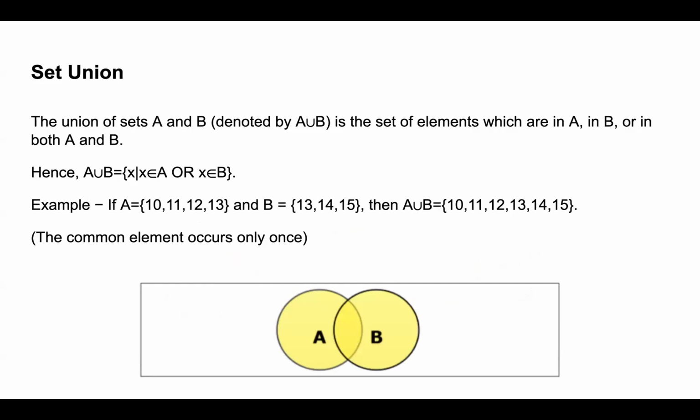All the elements of A and all the elements of B. But what about the common element? The common element occurs only once. We cannot take it twice. So A union B will be 10, 11, 12, 13, 14 and 15. Okay, it is A union B.